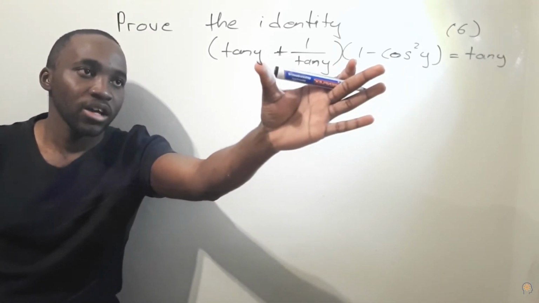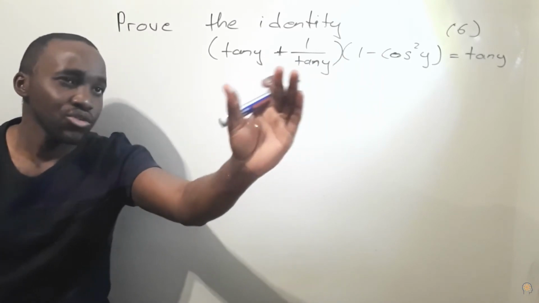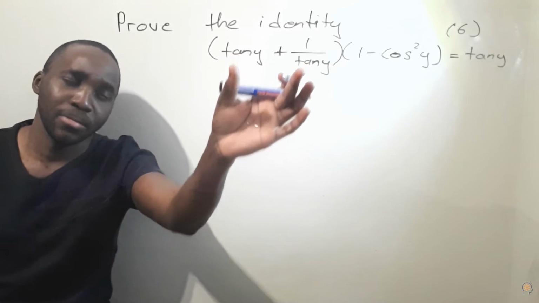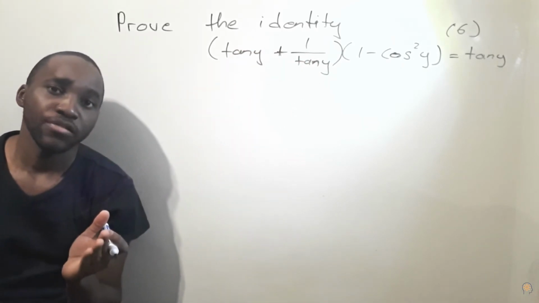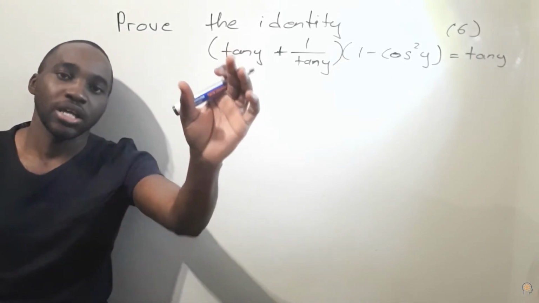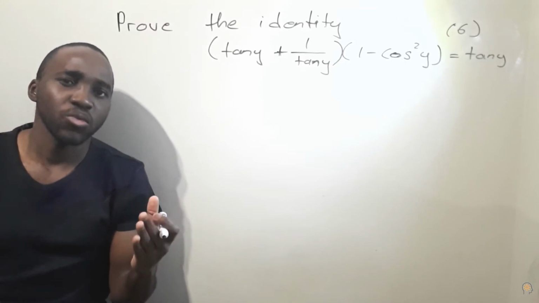So in terms of breaking this down, you usually don't want to mix brackets too much until you have them as simple as possible. If you're working with a tan, you may want to change that to sine over cos. Now you may be asking yourself, when do you change and where do you leave it?